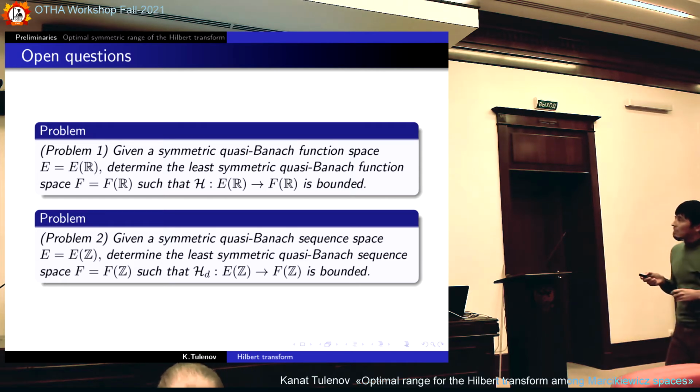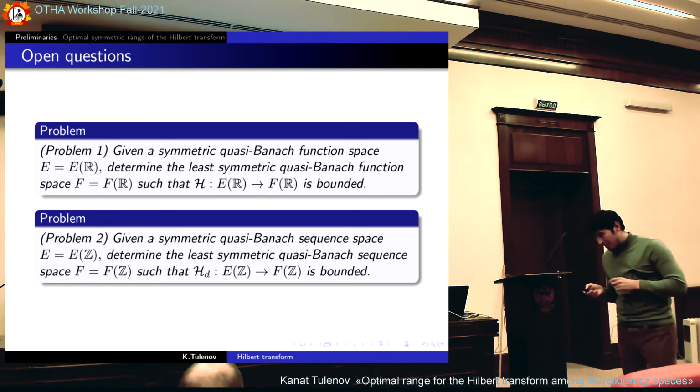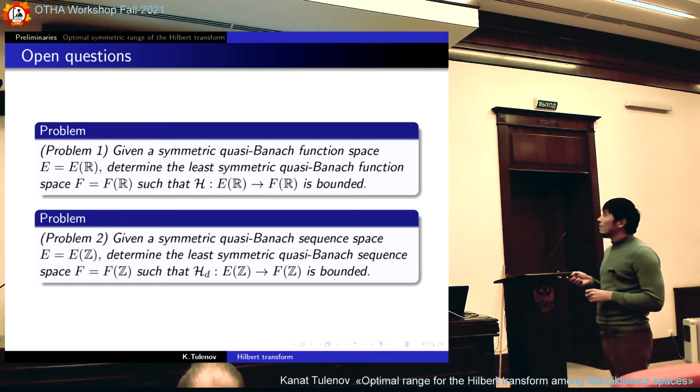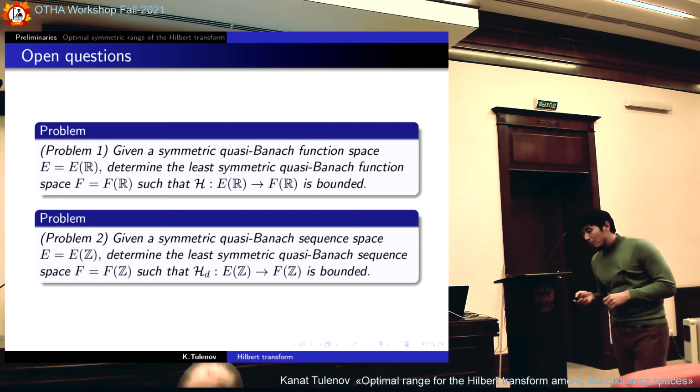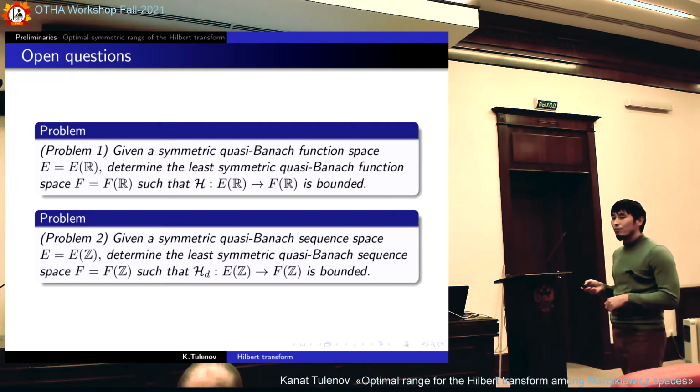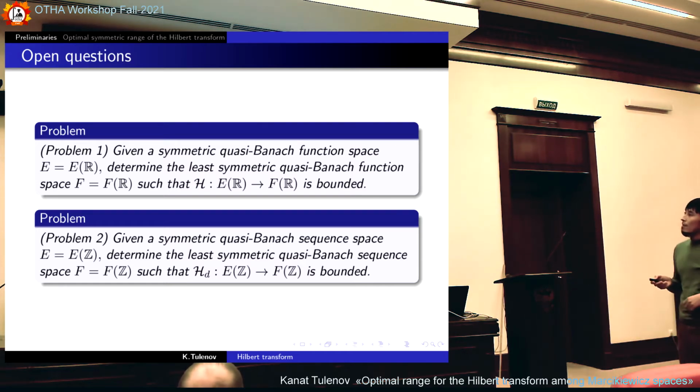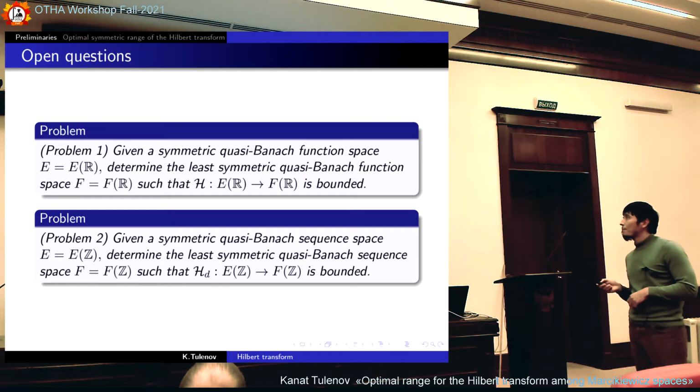The first problem says: given a symmetric quasi-Banach function space. Why do we consider a quasi-Banach space? Because we want to obtain a more general result, which includes Kolmogorov's result. The second problem is the discrete version of problem 1.